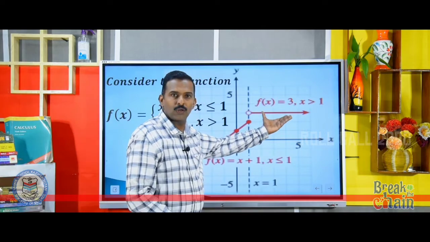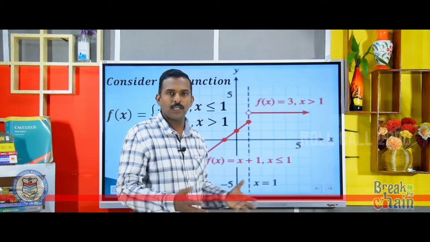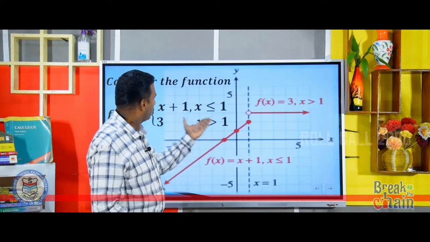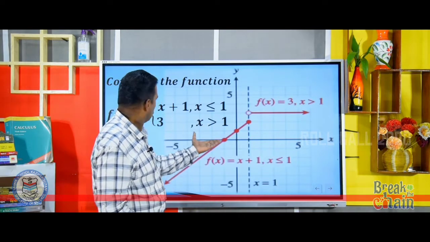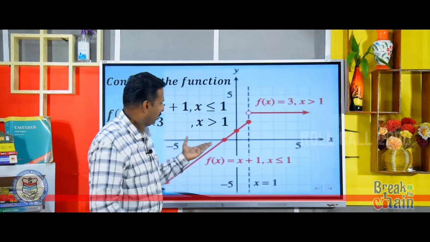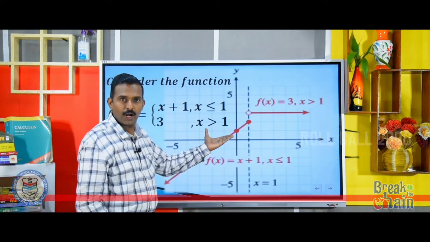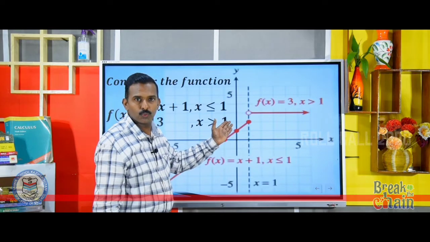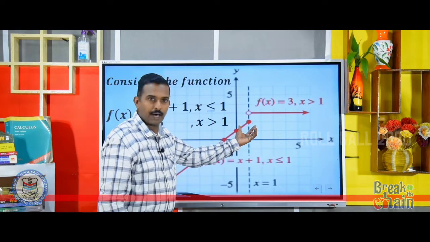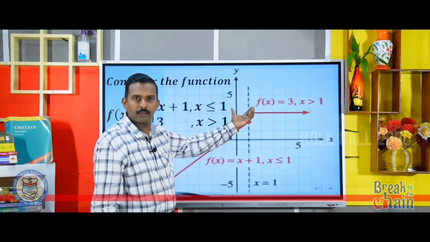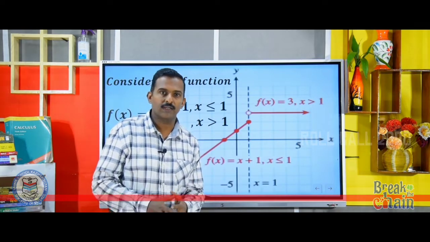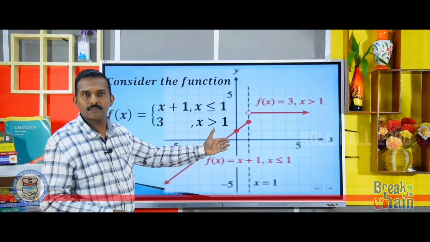Therefore, it is y equal to 3. F of x equal to 3 means y equal to 3. Now, the graph passes through the point (-1, 0) from x plus 1. It passes through the point (0, 1), but at the point 1, the function takes the value 2. Again, a darkened point and an open point, because it is a function. But the function is not continuous at x equal to 1.